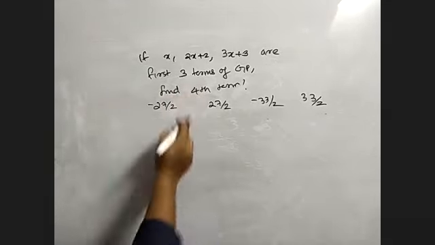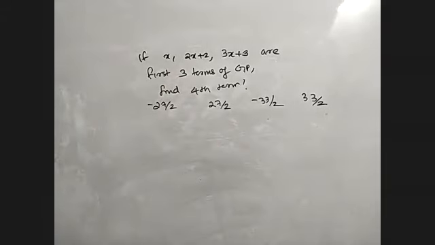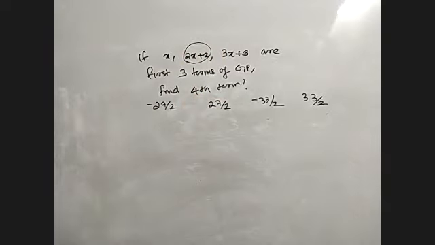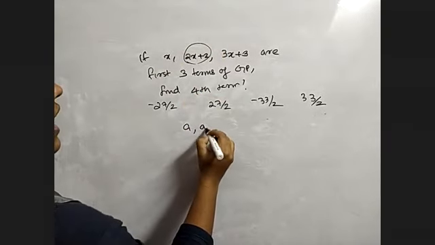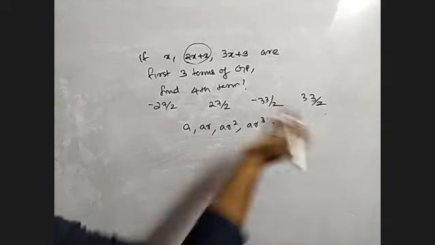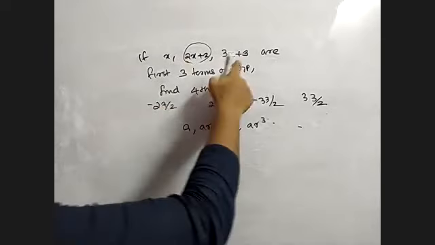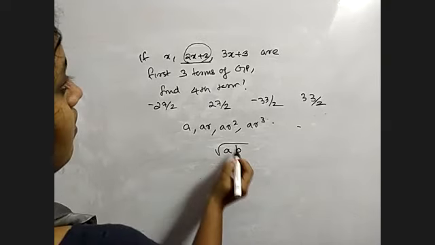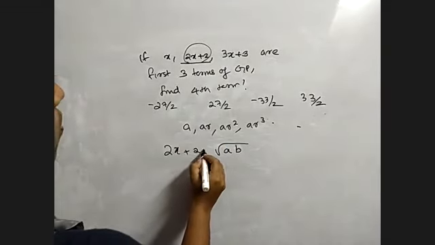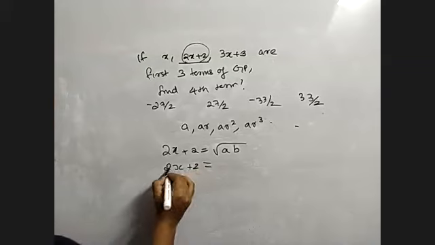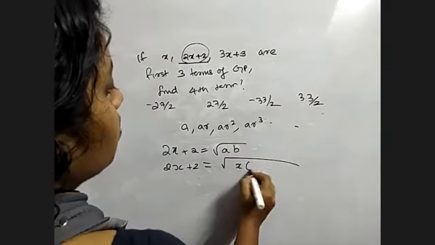How can we do this easily? This will be geometric mean of these two, no? Or otherwise you can do like A, A R square, A R cube. This is okay, but see, this will be geometric mean of these two terms, no? So that is root of AB, this 2x plus 2, that is 2x plus 2 is root of x into 3x plus 3.